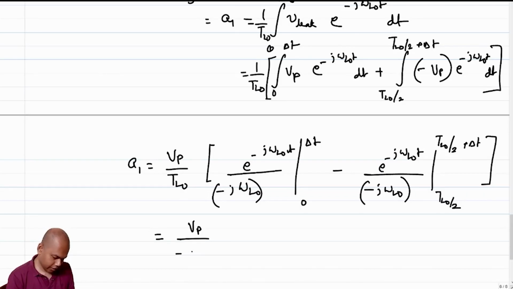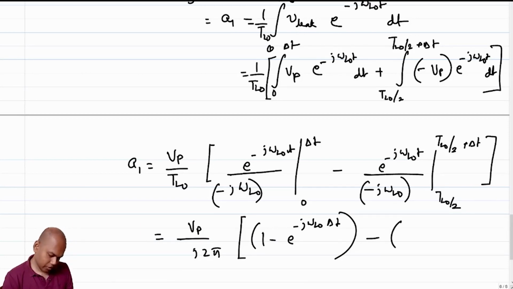So we get negative j 2 pi. Here we get 1 minus e to the power minus j omega LO delta T, minus e to the power minus j omega LO times TLO by 2 plus delta T, minus e to the power minus j omega LO TLO by 2, right?